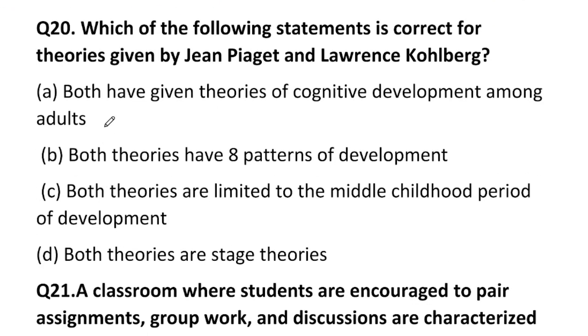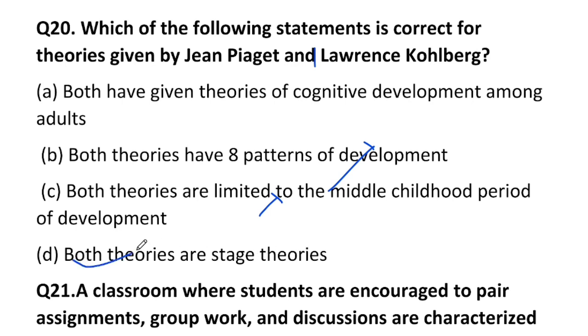Which of the following statements is correct for theories given by Jean Piaget and Lawrence Kohlberg? Both have given theories of cognitive development among adults? No. They have given theories of cognitive development from childhood to adulthood. Both theories have 8 patterns of development? No. Both theories are limited to middle childhood? No. Both theories are stages.